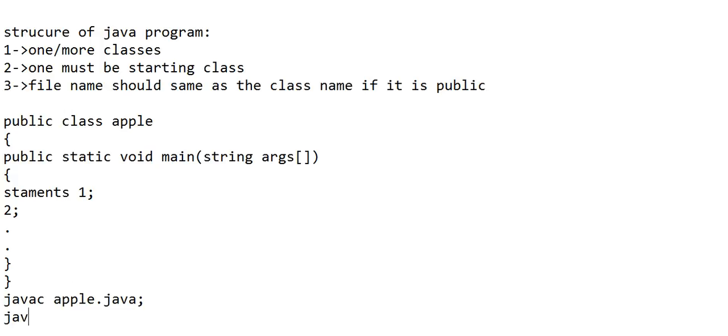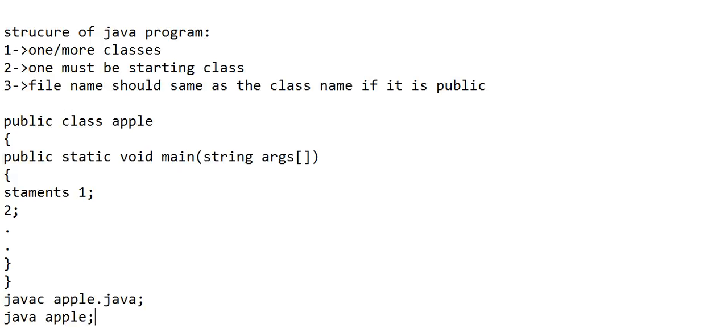Then how will you write java space? Here you will write the class name where the main method is. The main method is in the Apple class, so you write here Apple only.